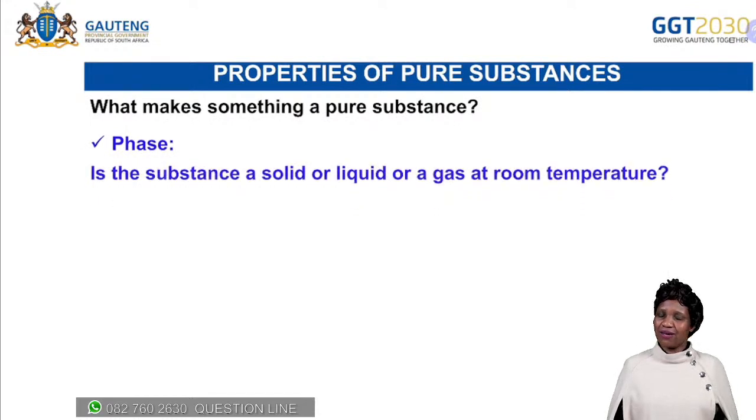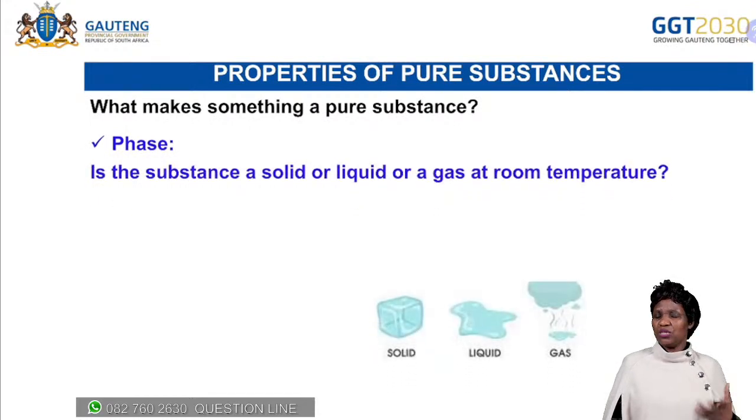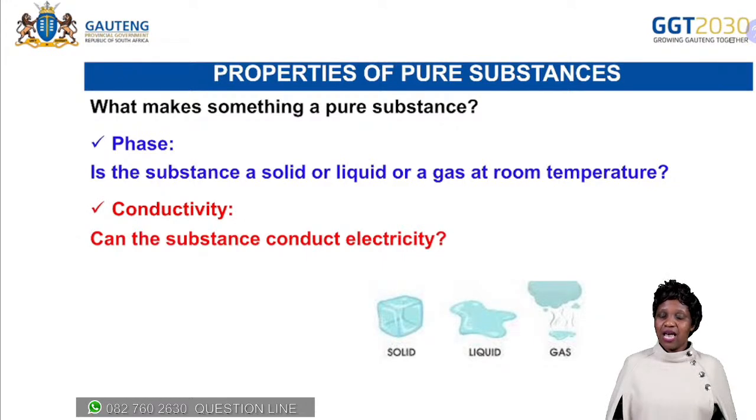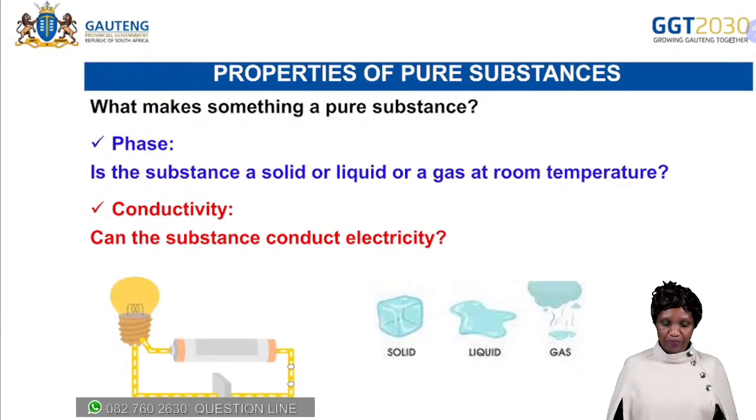What do you think? How do we determine that this is a pure substance? We've got phase. It is a substance, a solid or a liquid or even a gas at what? At room temperature. Then the conductivity can be the substance that conducts electricity.